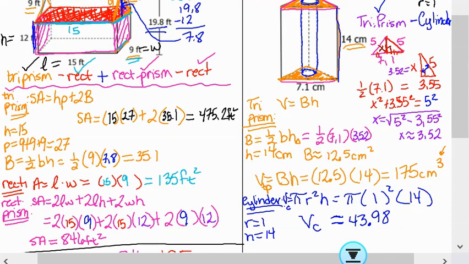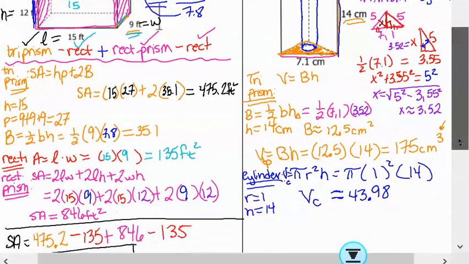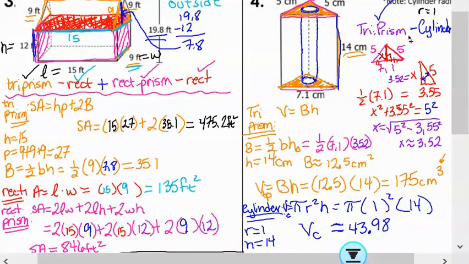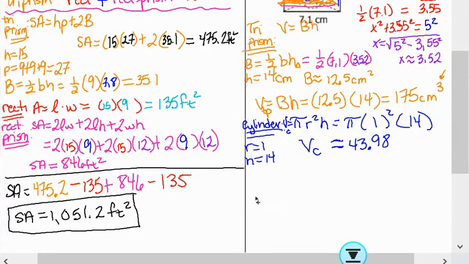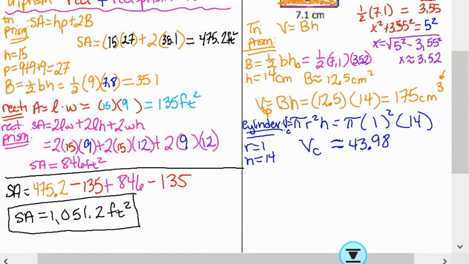Okay, so now we're ready to find the total volume of the composite figure. Our plan said volume of the triangular prism minus volume of the cylinder. So now that we have those two, we can just execute our plan. So the total volume of our composite figure is going to equal the volume of the triangular prism, 175, minus the volume of the cylinder, 43.98.